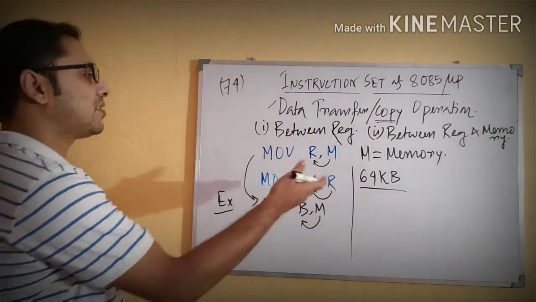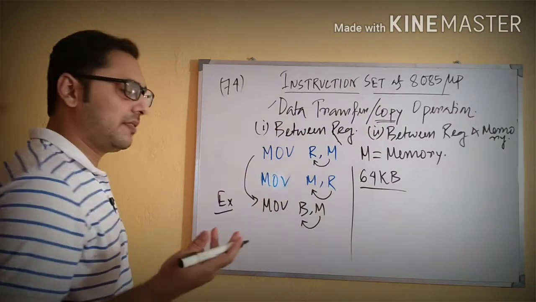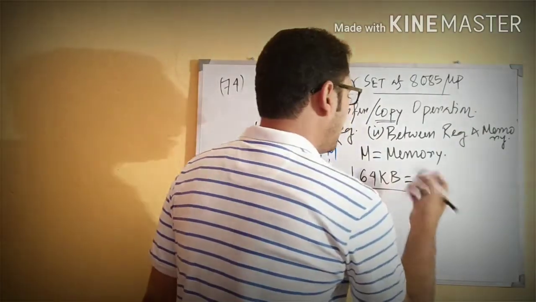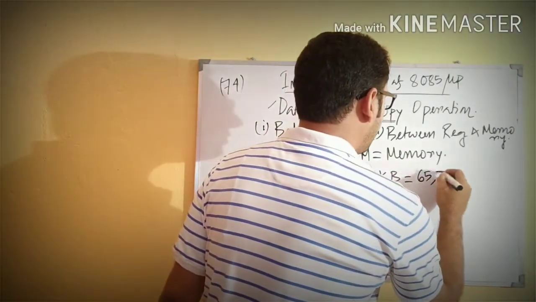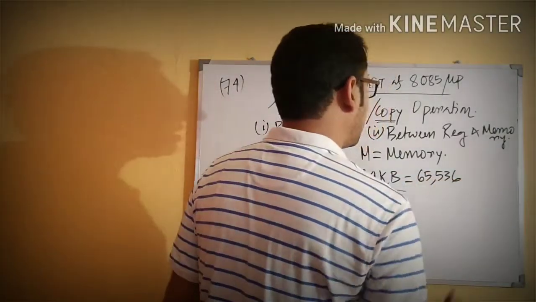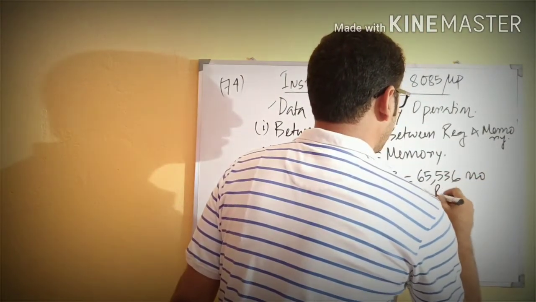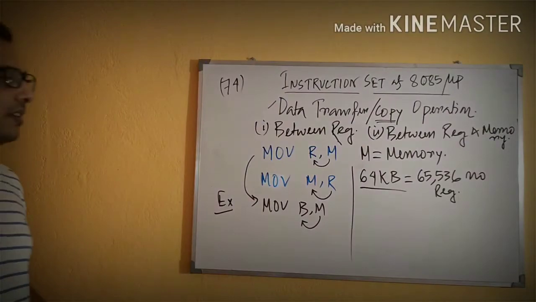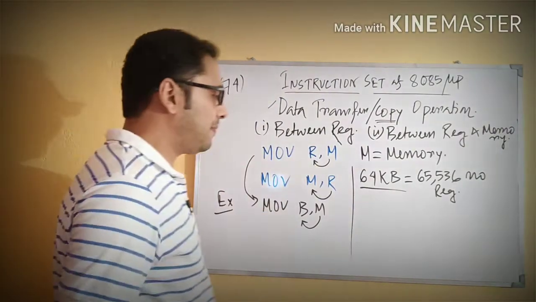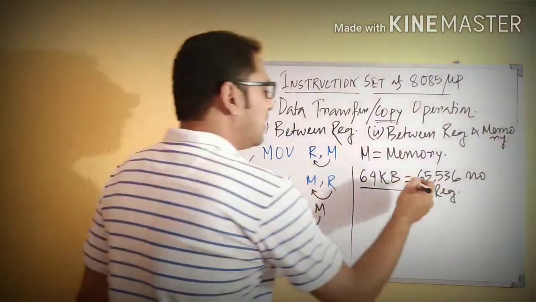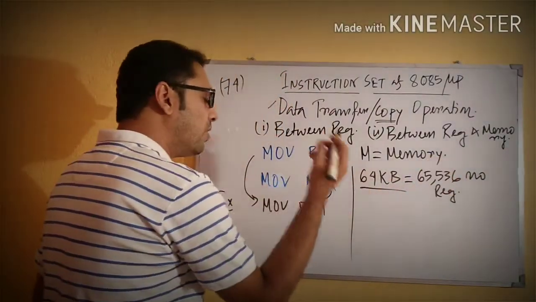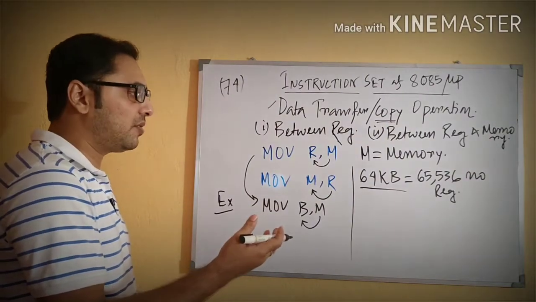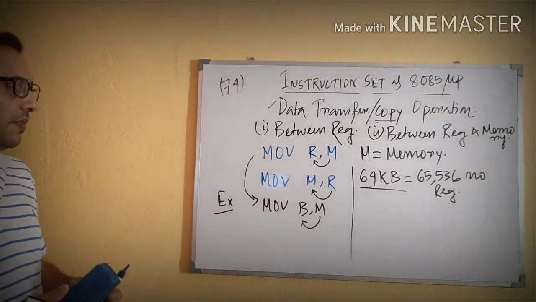That means the memory space has 65,536 registers. So that is the number of memory registers available for 8085. Out of this large number of registers, which particular register are we talking about? That has to be identified somehow.